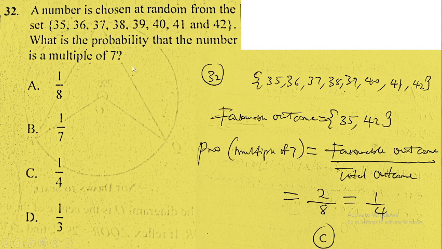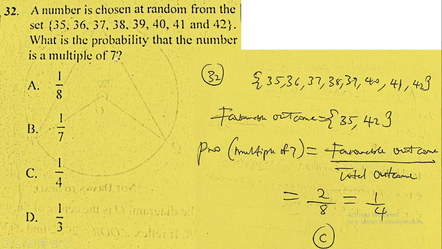Those ones will be our favorable outcomes. Don't forget that the probability of an event is the favorable outcome over total outcome. Total outcome is all the events here. So that is how many in number? That is 8 in number. 1, 2, 3, 4, 5, 6, 7, 8. But the favorable outcomes here are the elements that go with what is given, a multiple of 7. Multiples of 7 are values that 7 can go into.